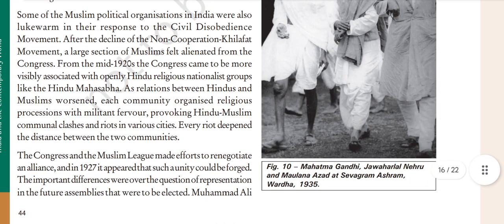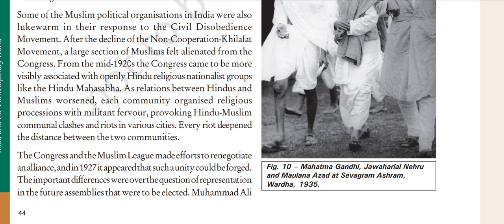Some of the Muslim political organizations in India were also lukewarm in their response to the civil disobedience movement. After the decline of the non-cooperation Khilafat movement, a large section of Muslims felt alienated from the Congress. From the mid-1920s, the Congress came to be more visibly associated with openly Hindu religious nationalist groups like the Hindu Mahasabha.